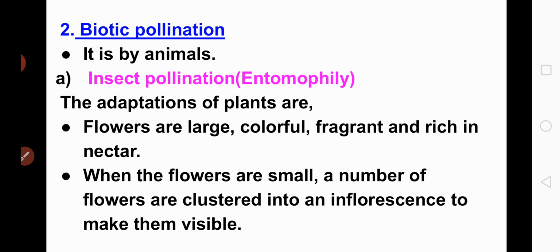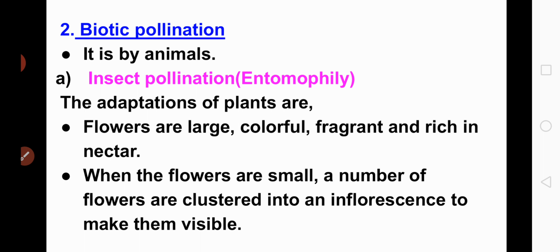Now coming to the second pollinating agent, that is biotic agents. Biotic agents mainly include animals, and the majority of plants use biotic agents for pollination. For example, bees, butterflies, beetles, wasps, ants, moths, birds, bats, etc. These are the common pollinating agents.